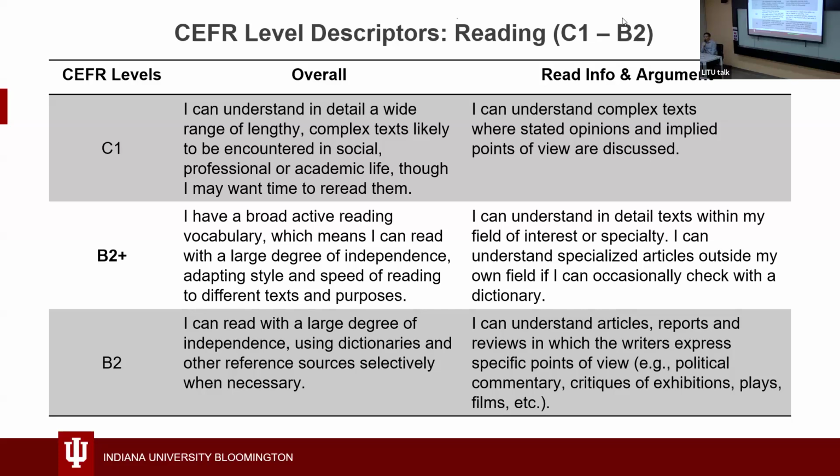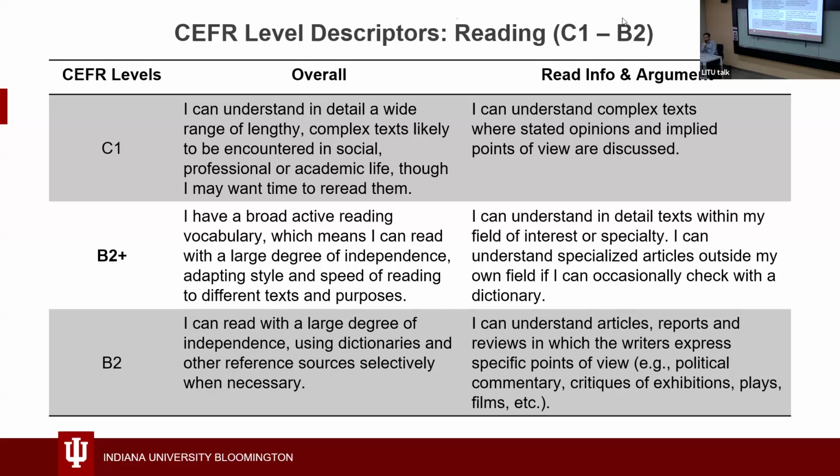Okay, this is for reading, ranging from C1 to B2. So what can the C1 level do? "I can understand in detail a wide range of lengthy, complex texts likely to be encountered in social, professional, or academic life, though I may want time to reread them."